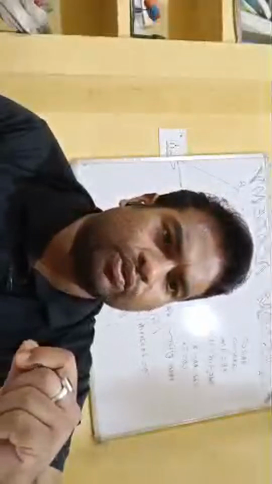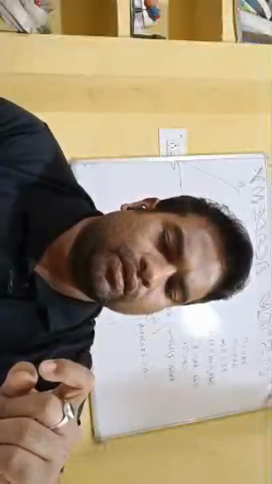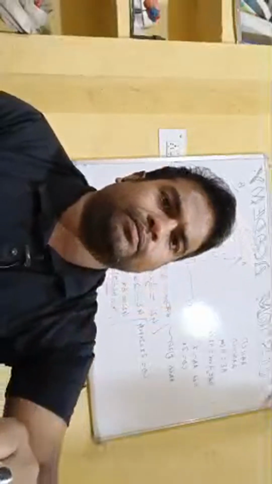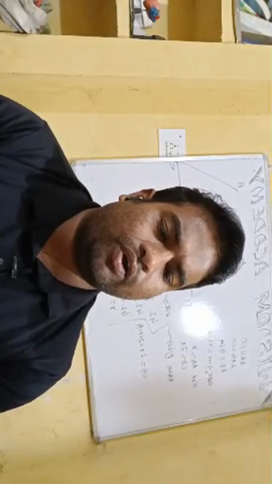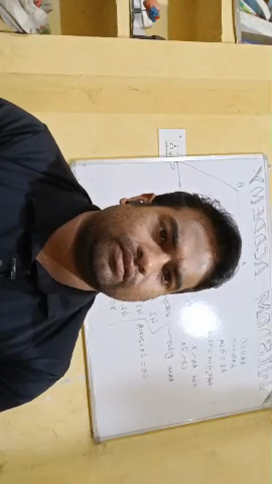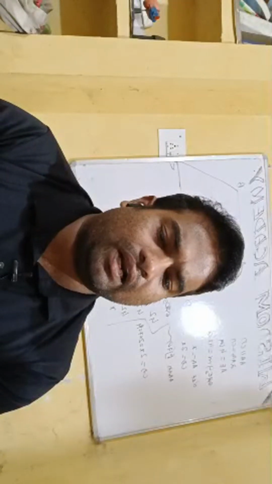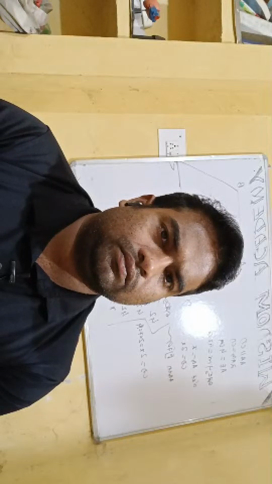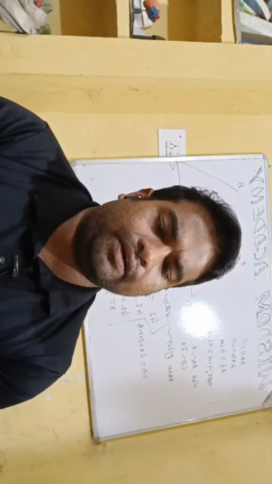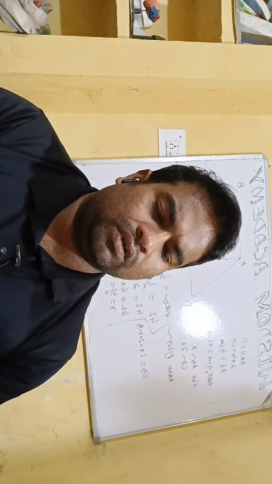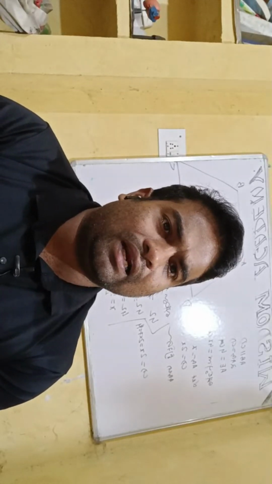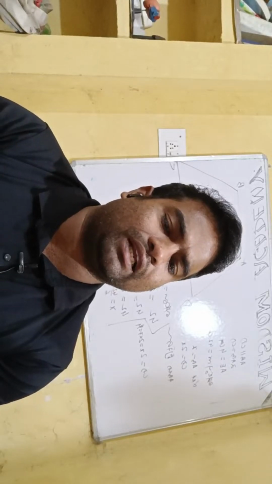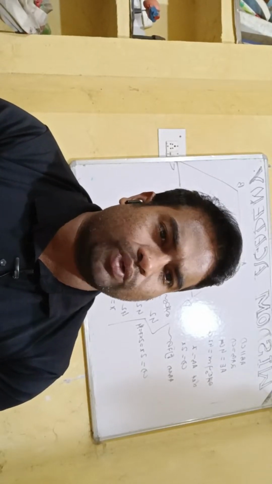Next question. Which of the following contains less nitrogenous waste, the renal vein or the renal artery? Renal vein. Renal artery brings waste product to the kidney, so the renal artery contains most of the nitrogenous waste.